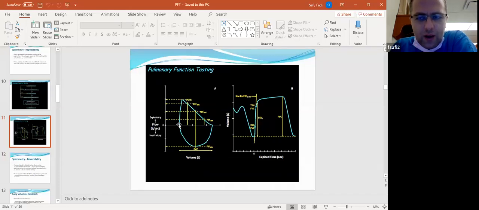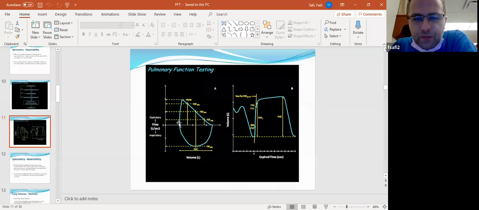This is the total lung capacity. Once you reach the total lung capacity, you ask him to expire forcefully and quickly as much as he can, all the way until you empty all your lung and reach the RV point. So this is the residual volume point, this is the total lung capacity point, this is the inspiration, and this is the expiration.